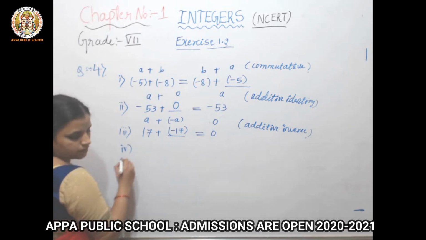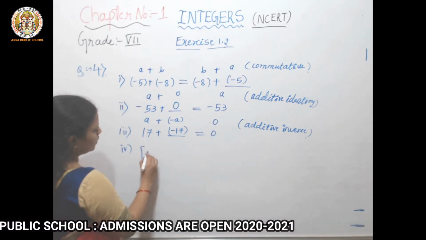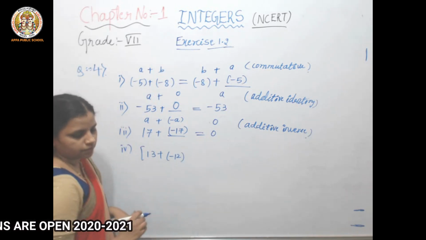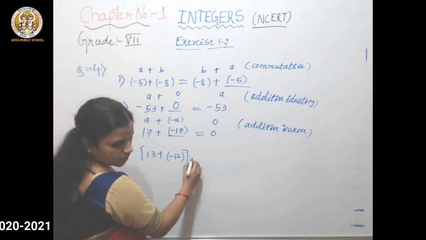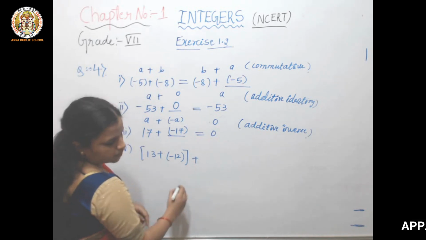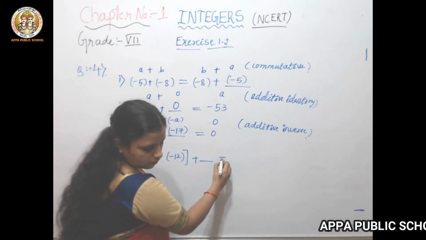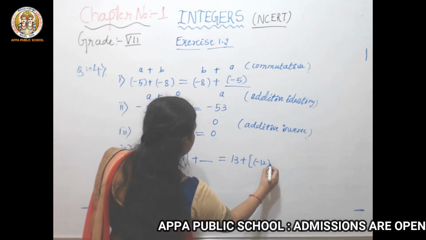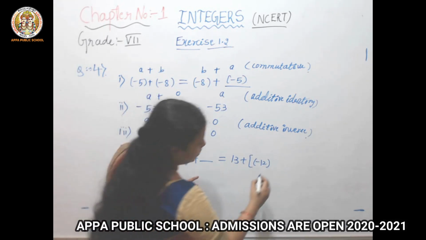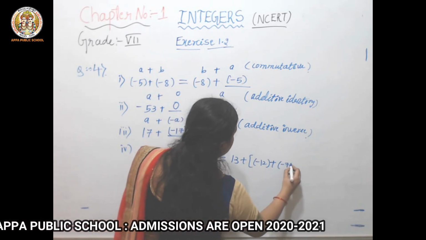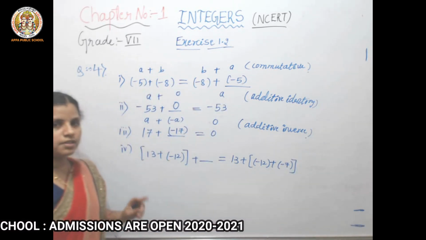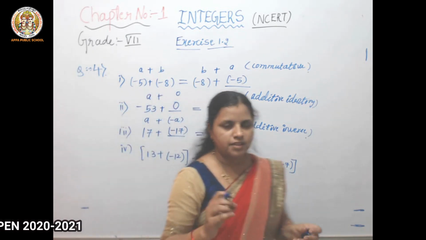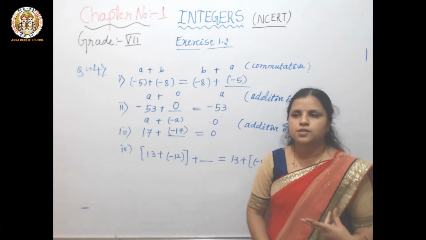The fourth one: 30 plus minus 12 plus a blank is equal to 13 plus minus 12 plus minus 7. See here, which property is it? We are having 3 elements. As I said, if there are 3 elements, it is either the associative property or the distributive property.